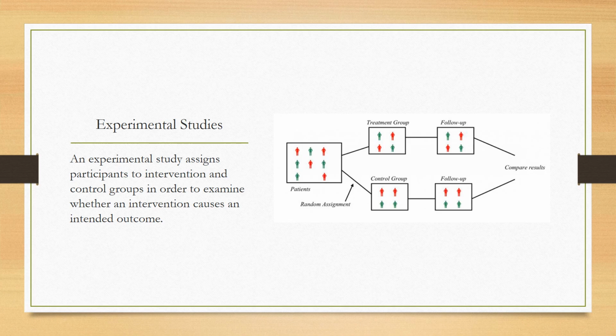You have your patients, there's a random assignment, you have the treatment groups and the control group, and then you follow up with each, and then you compare the results. This design is considered the gold standard when comparing interventions. However, not all questions can be answered with this approach.